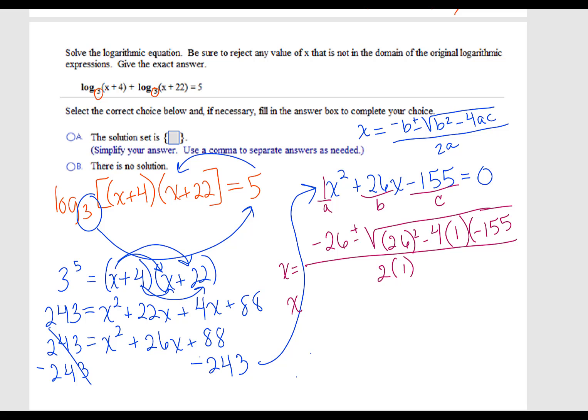And then simplifying this, I just put that entire part underneath the radical in the calculator, and then I found the square root of it.